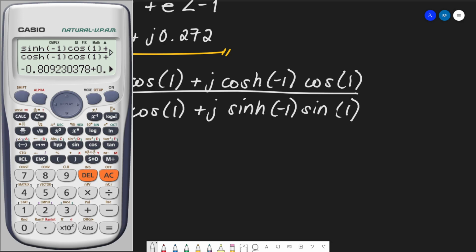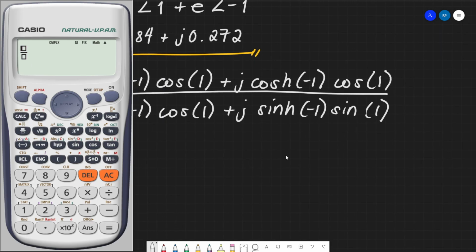So, do we have the same answer? Oops, let's check. Teka, paano ba natin i-edit? Sige, ulitin natin. Sin, cos, sin.